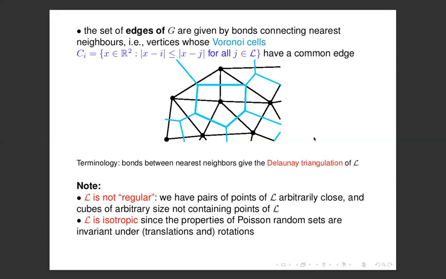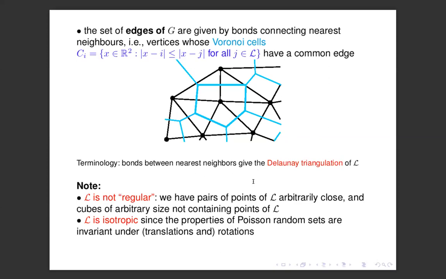So this is not what before was described as a regular set, because the idea of a regular set is that you don't have large holes and you don't have accumulation of points. Now we can have points of this set arbitrarily close, and you can have cubes of arbitrary size in which you don't have points of this set.